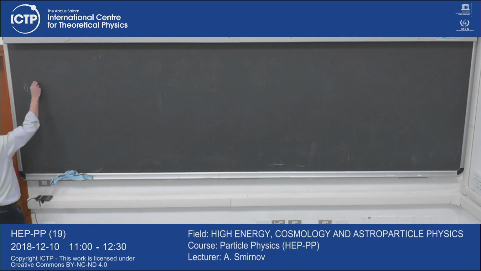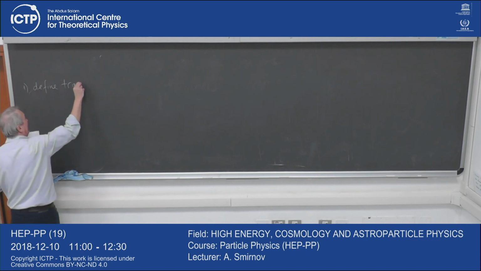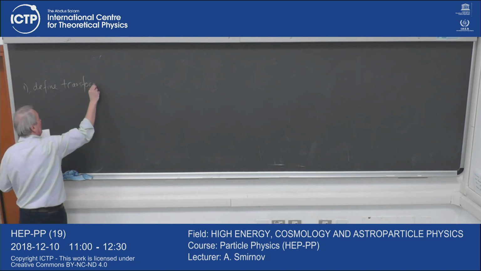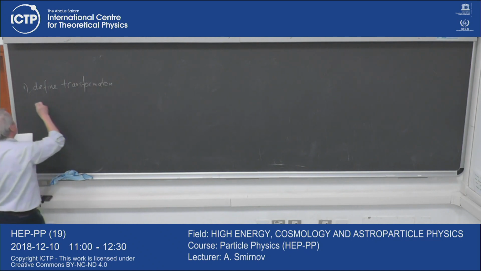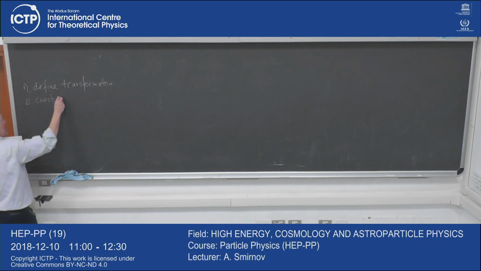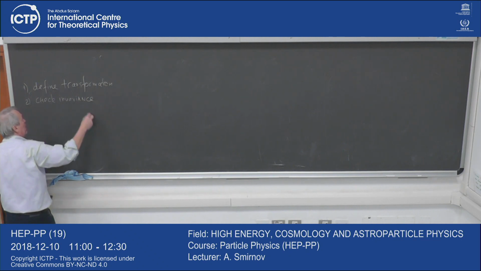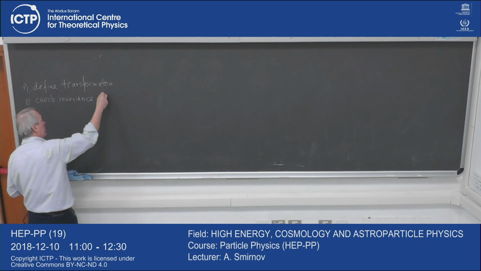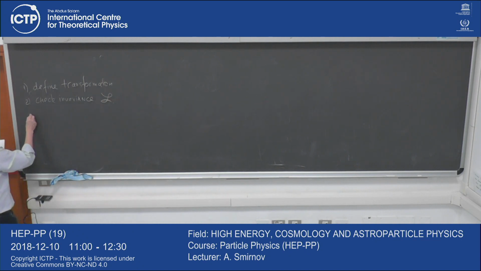First, we will define the symmetry or define the transformation. Second, check invariance with respect to these transformations, and usually we'll talk about the Lagrangian. And third, find physical consequences.